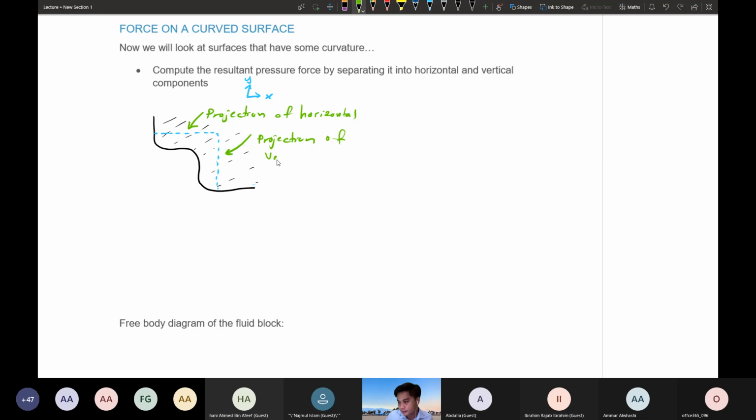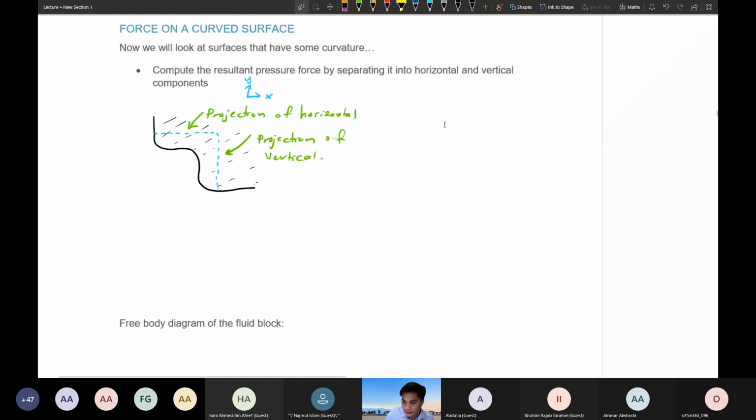All right, so far you understand the concept. This is how you solve for the curved surface. That means you do the projection onto the horizontal and vertical axis.